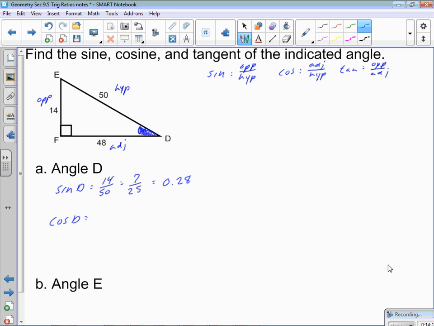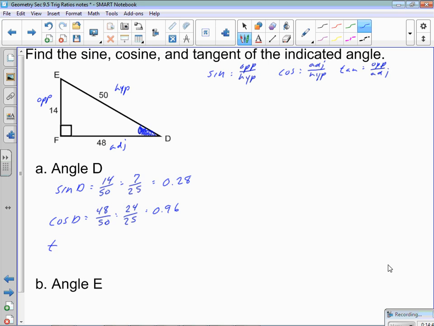The cosine of D, the adjacent over the hypotenuse, which is 48 over 50, which would reduce to 24/25, or 0.96.